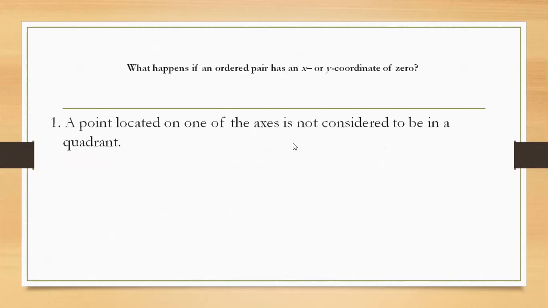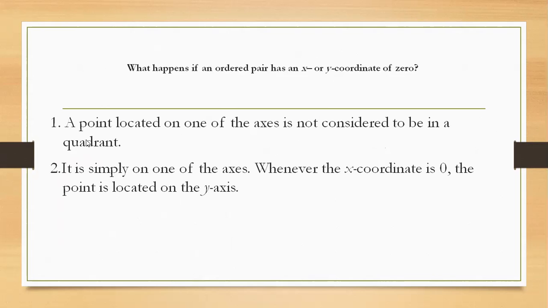Similarly here, what happens if an ordered pair has an x or y coordinate of 0? A point located on one of the axes is not considered to be in a quadrant. It is simply on one of the axes.